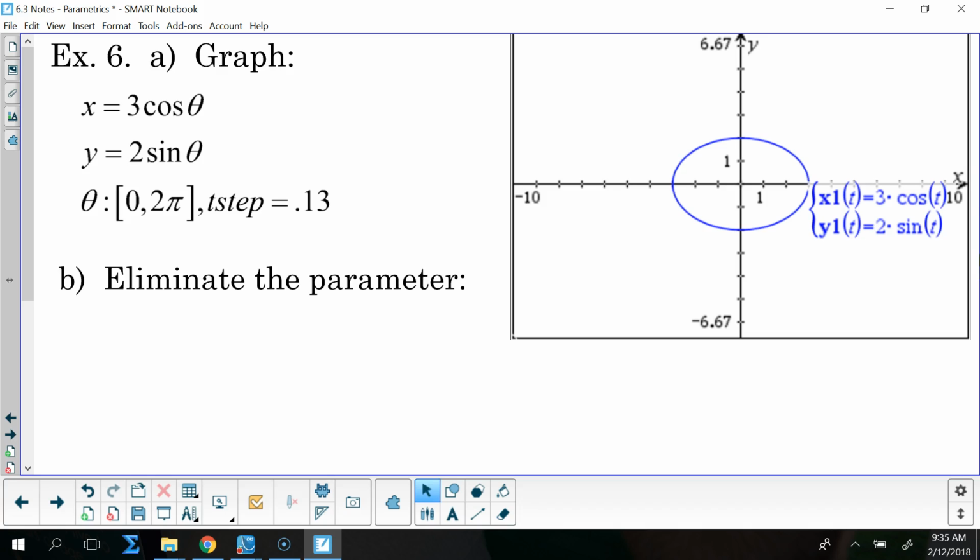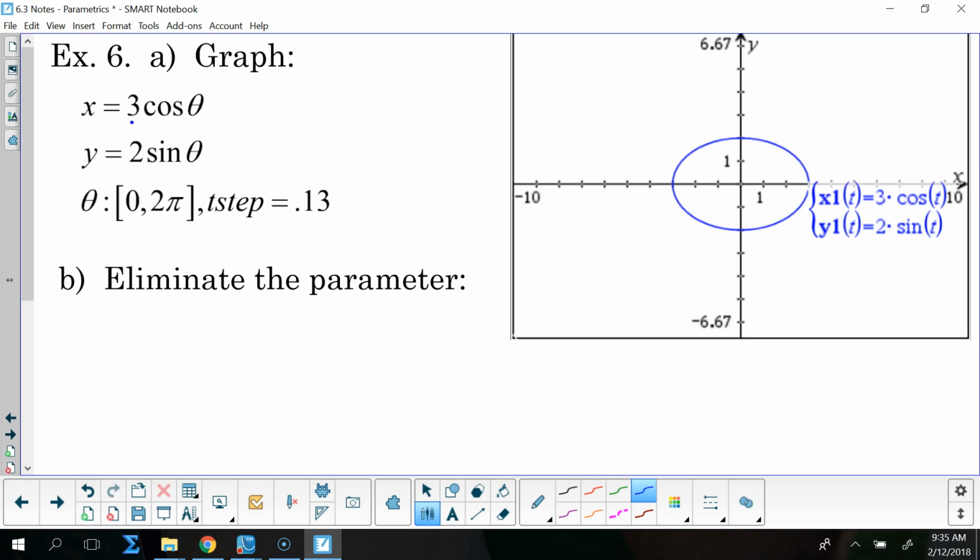This number right here on the x is bigger than the corresponding coefficient on the y, right? That's how we see. If they're the same, like in that last one, then it's a circle. If they're different, it's an ellipse.